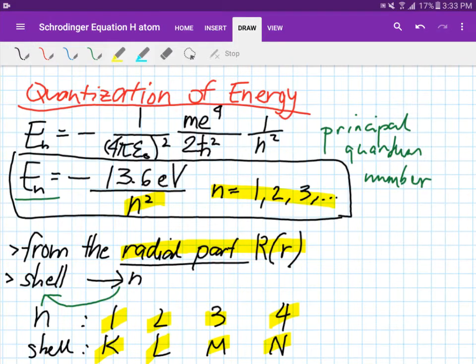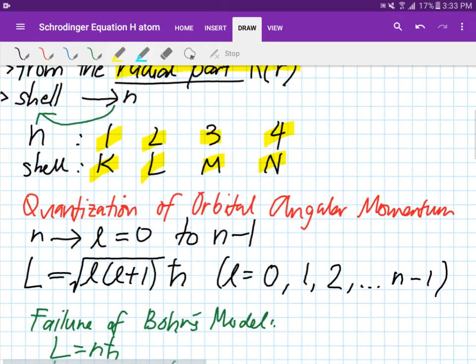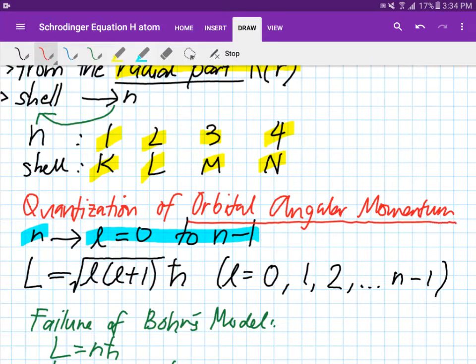So our next quantum number is quantum number small l. Quantum number l is limited by our first quantum number, n. So it ranges from value 0 to n minus 1. Small l quantizes orbital angular momentum, much like how n quantizes the energy.